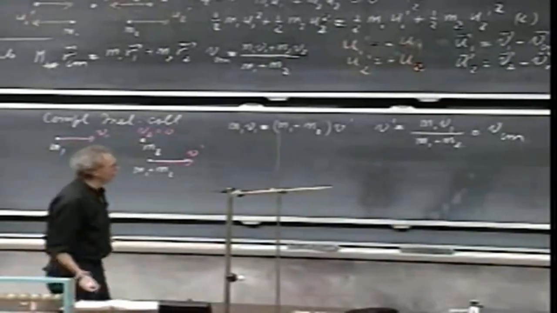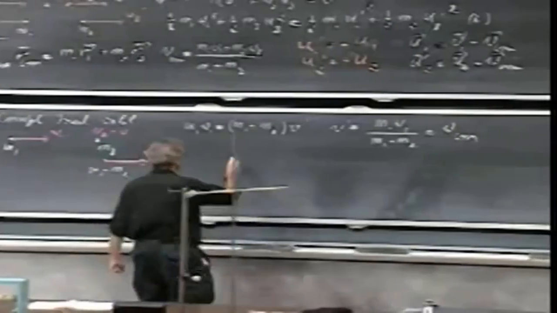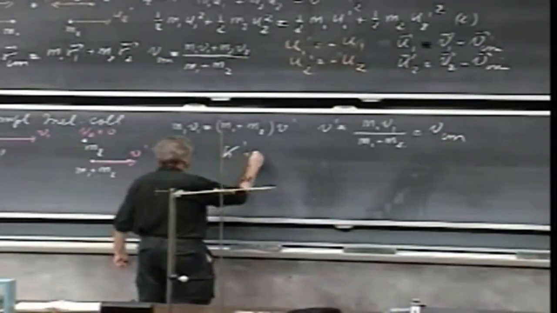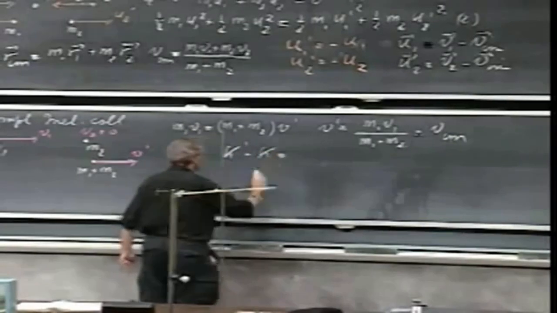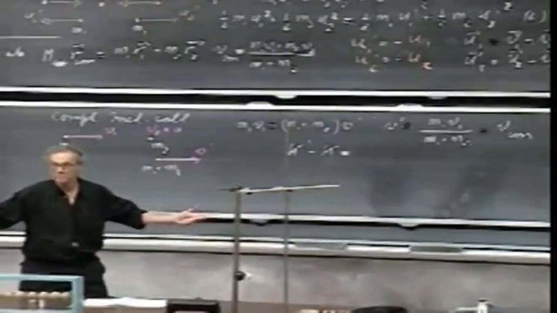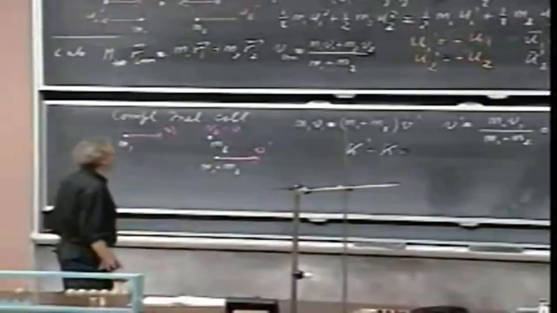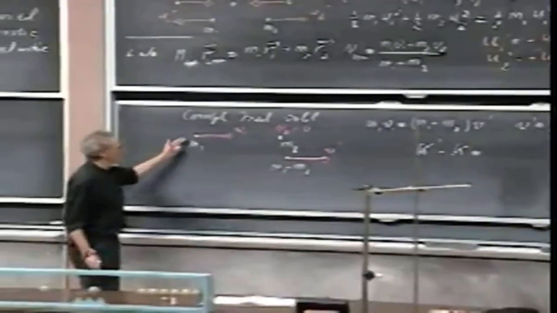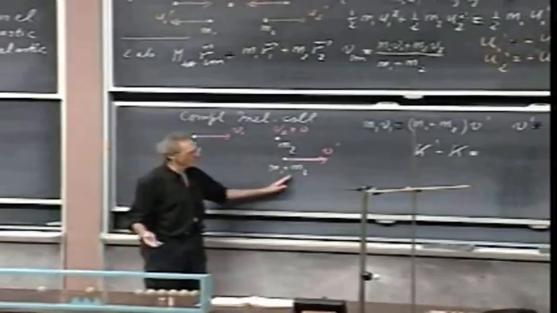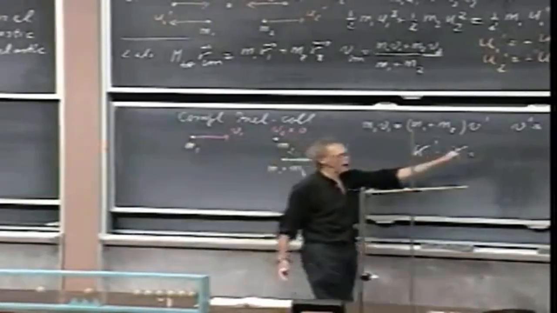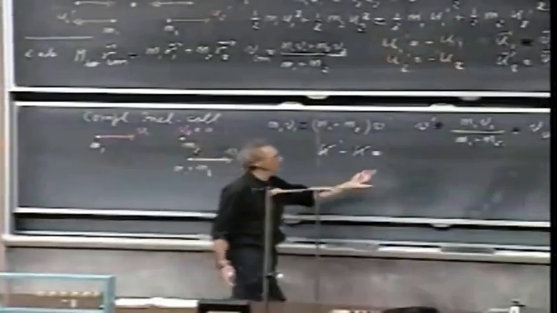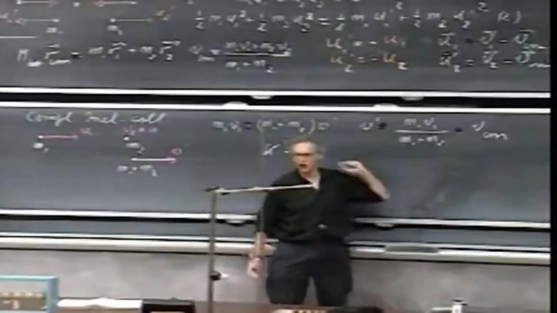Now we can calculate what the difference is between the kinetic energy after the collision and the kinetic energy before the collision. That is, of course, something that is rather trivial. You know what the kinetic energy is before the collision. It's 1/2 m1 v1 squared. And you know what it is after the collision. I calculated V prime, and so you have to take half this mass, multiply it by this velocity squared. You can do that.